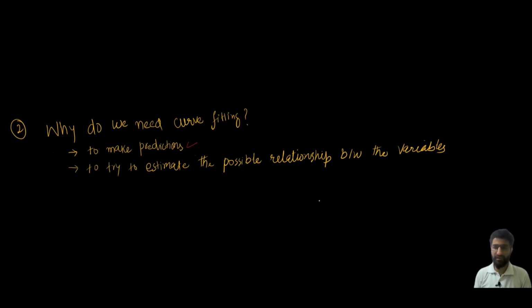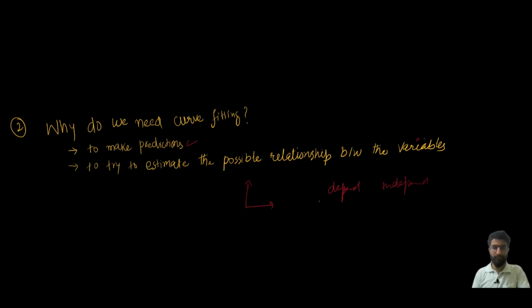We may not know the relationship between our input and output variable, so how the dependent variable and the independent variable in the experiment are related, how one is influencing another. Sometimes our goal is to check the possible relationship, how one affects another.